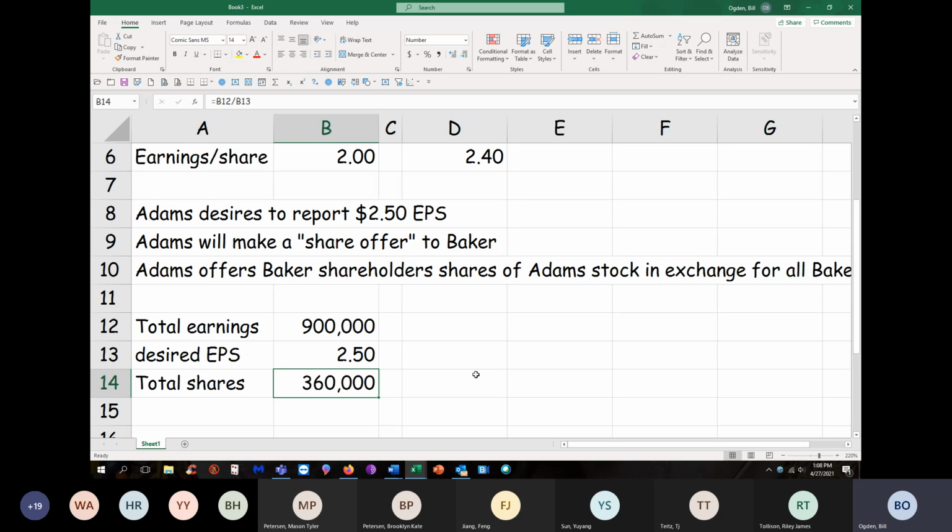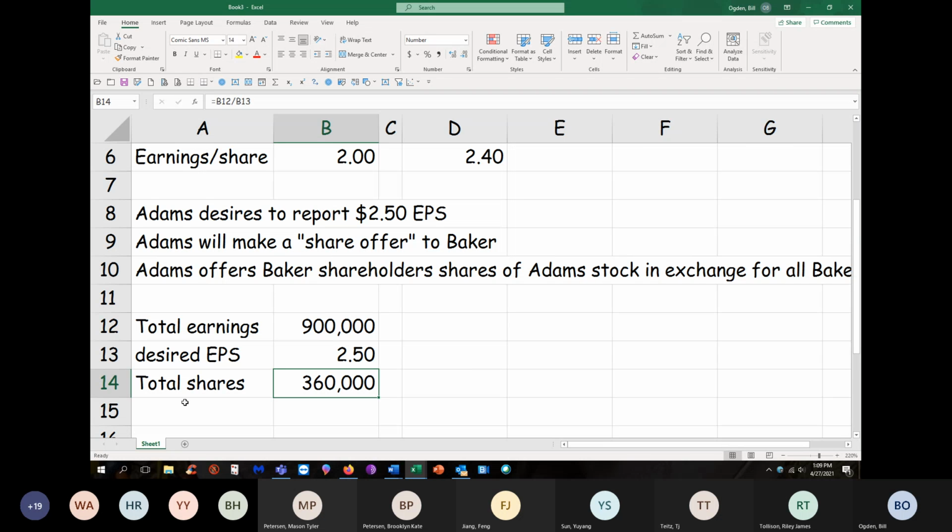So at the announcement, you won't see a price drop because it was probably anticipated earlier than the reported earnings. All right, but anyway, Baker could probably get a consensus estimate on Adams and determine, oh, I see what they're trying to do, so they're going to hold out. So anyway, one or the other, when you work a problem like this, you can assume that they will pay the maximum number of shares.